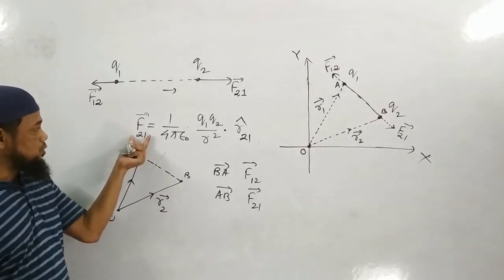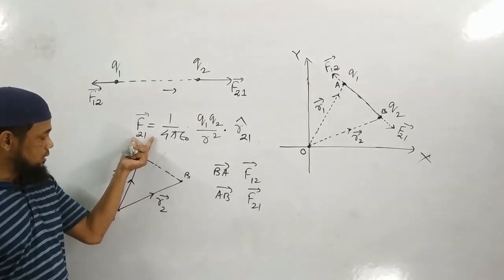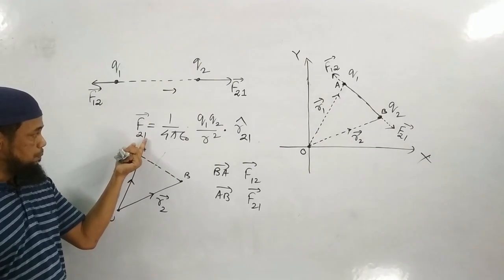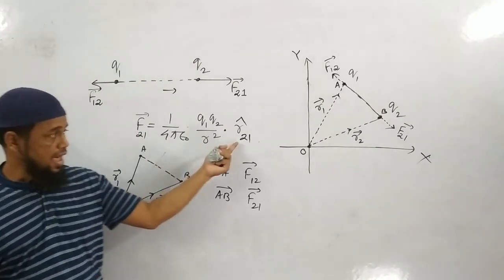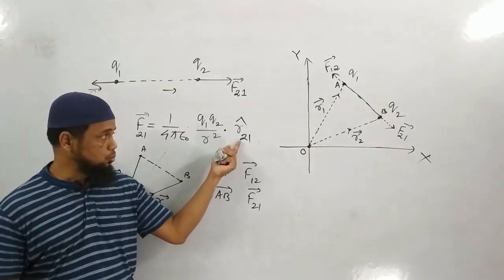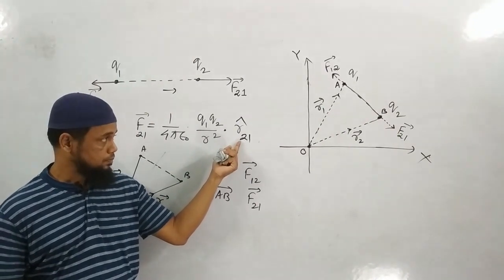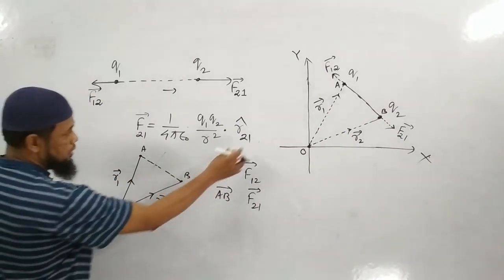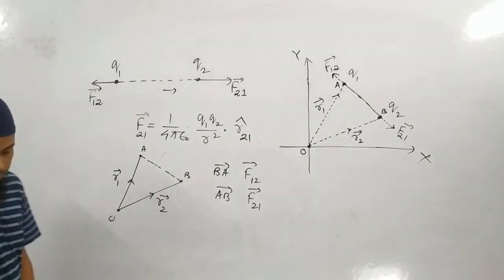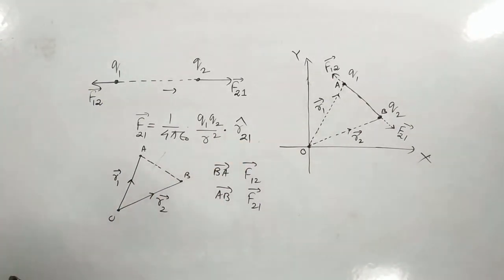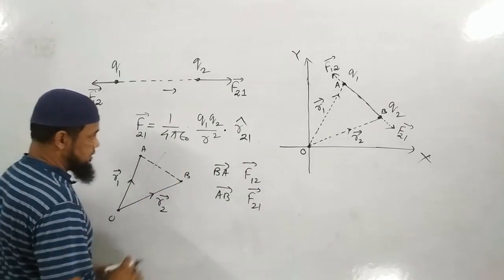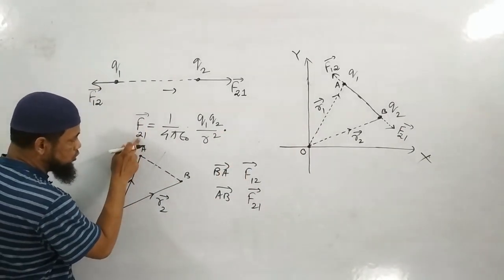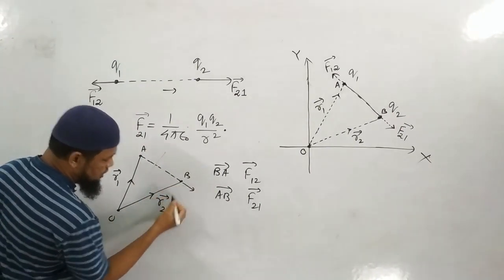So now the question is what we want here. I want the direction of the force experienced by 2 because of 1, and for that I have given a direction, F21 cap. This is a symbolic representation. So instead of F21 cap, I can call it force on 2 by 1. In which direction? This direction.